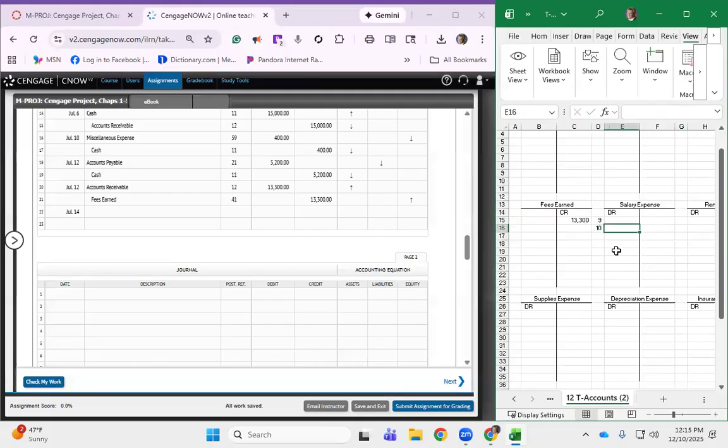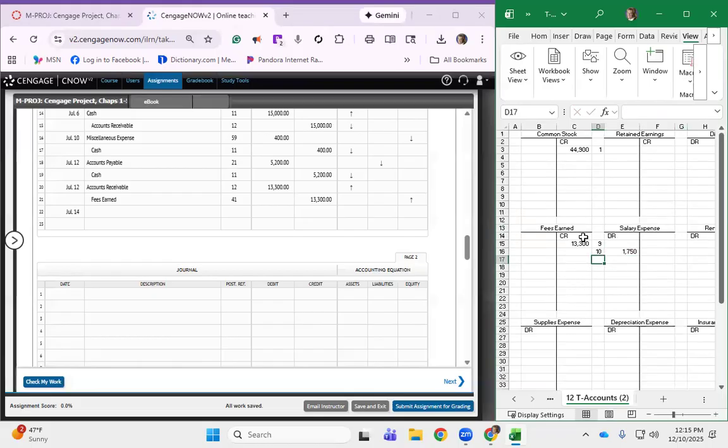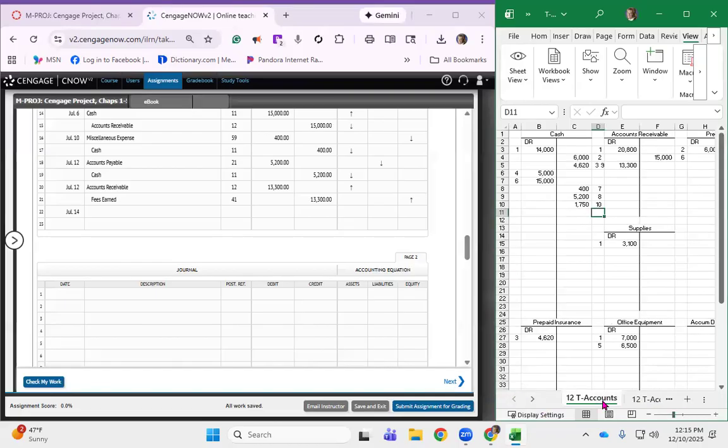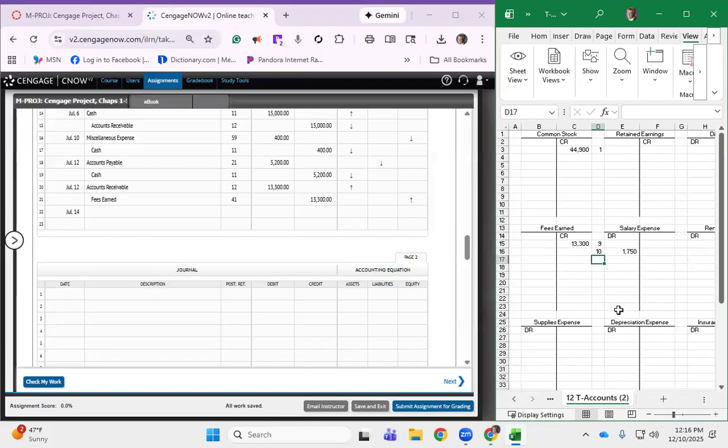Okay, so 10, salary expense, 1750. If we go up to the cash account on the other page, then we're going to make number 10. Okay, let me go ahead and I did put 9 there. All right. And did I put 9 in? Yes. All right. So we're good there.